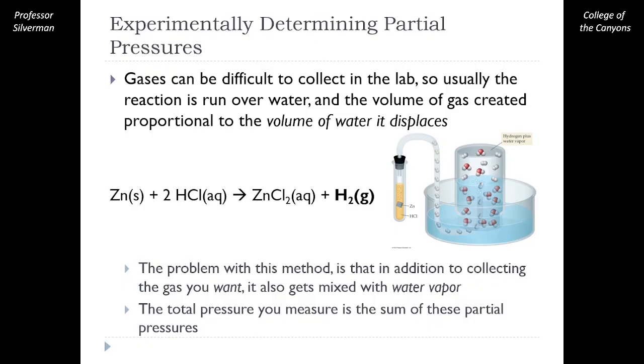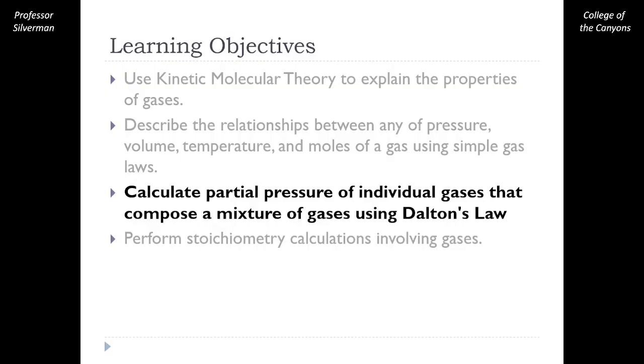Here, maybe it's that hydrogen gas that we're collecting, simply by subtracting away the pressure that we expect from water. All right, it looks like we have accomplished our goal. We can calculate the partial pressure of our individual gases composing a mixture using Dalton's Law.